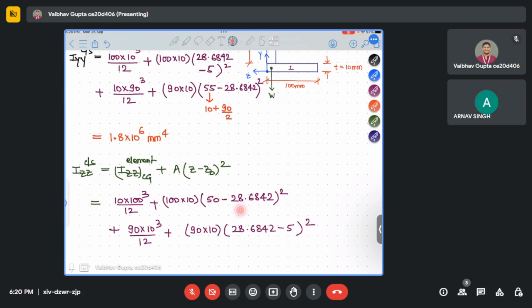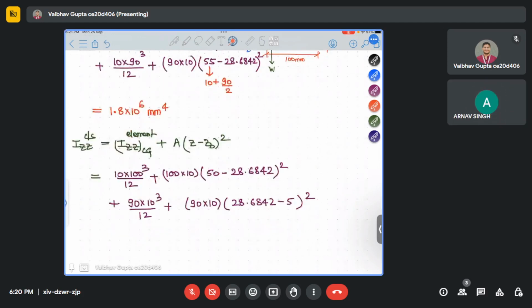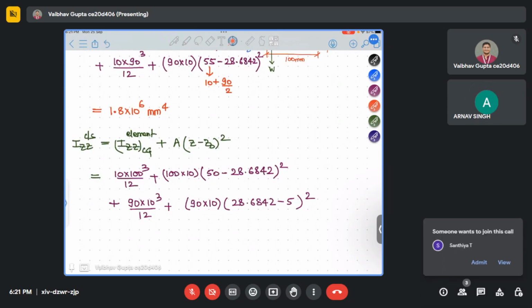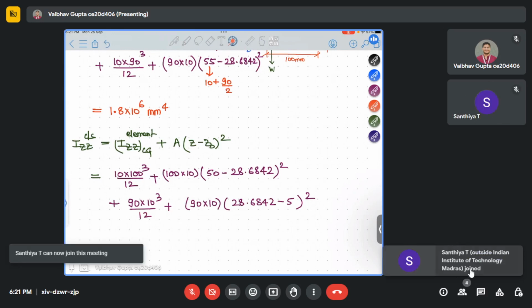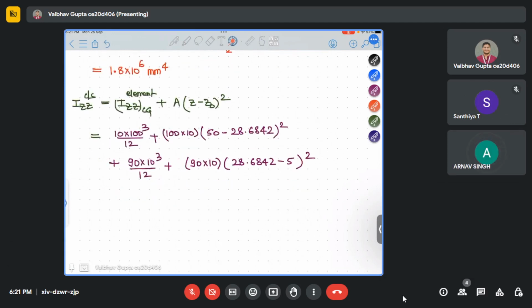If it's negative or positive, squaring gives positive anyway. Here it won't affect, but when you calculate Iyz, it will have an effect. Next I'll calculate that, then you will understand. So make sure you are taking distance as positive. Got it? Yes.